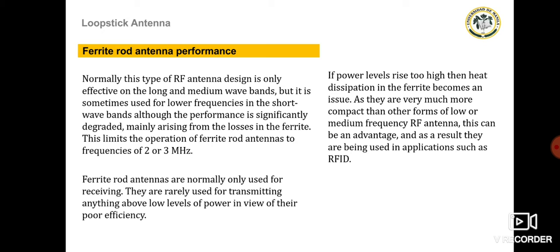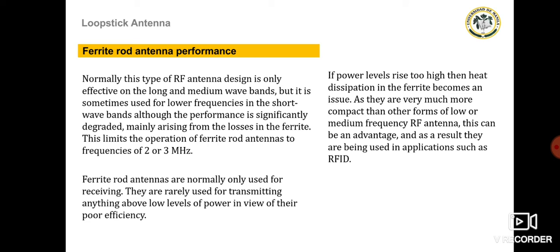Normally, this type of RF antenna design is only effective on the long and medium wave bands, but it is sometimes used for lower frequencies and the short wave bands, although the performance is significantly degraded, mainly arising from the losses in the ferrite. This limits the operation of ferrite rod antennas to frequencies of 2 or 3 MHz.